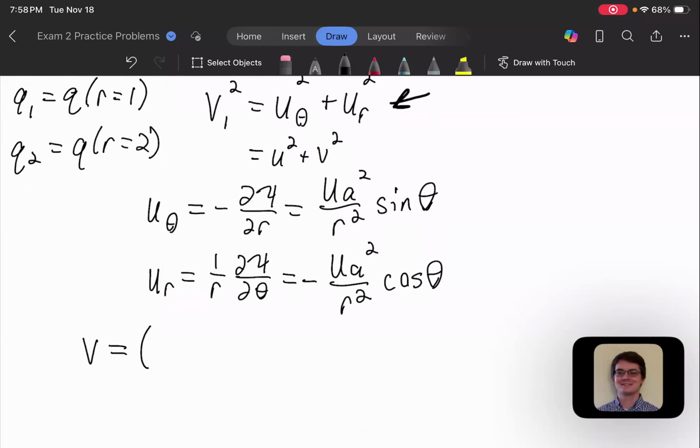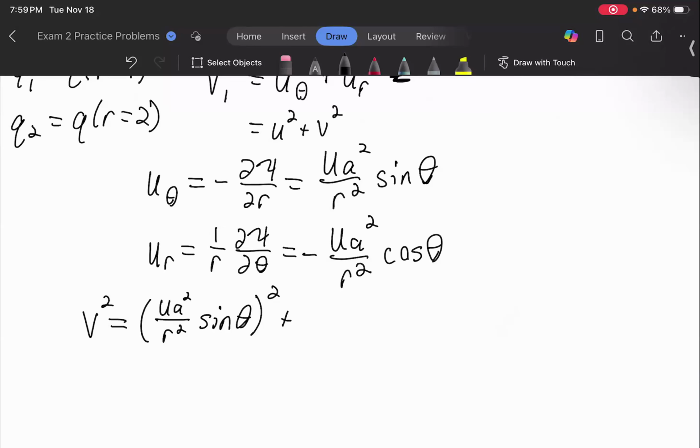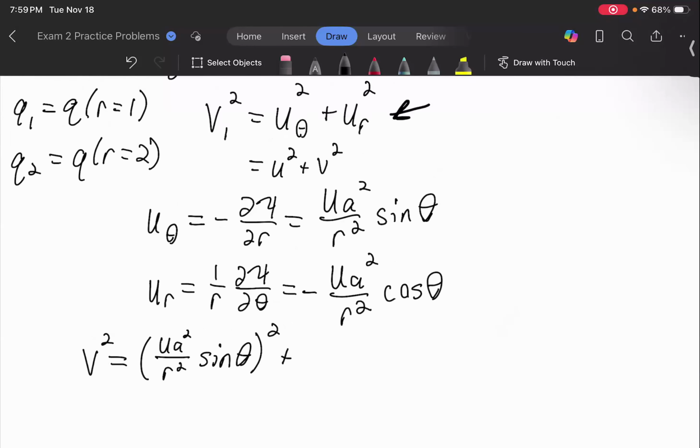What we have is u times a squared over r squared, sine theta squared, plus negative u(a) squared over r squared cosine theta.